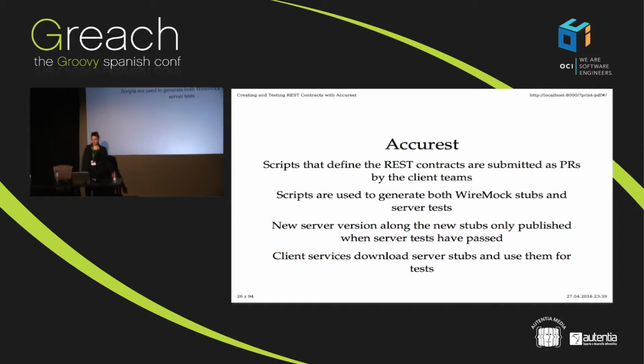And then the server team could merge those scripts, and the WireMock stubs would be automatically generated based on those scripts. However, there would also be tests. So new stubs could only be published when all the tests have passed. And then the client would download those stubs and run their tests against those stubs.